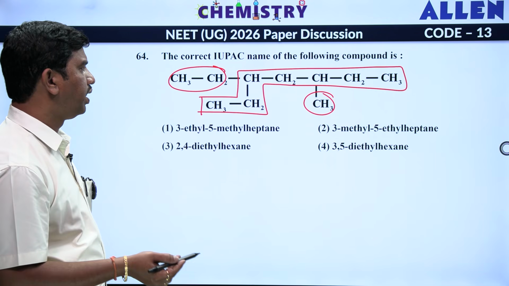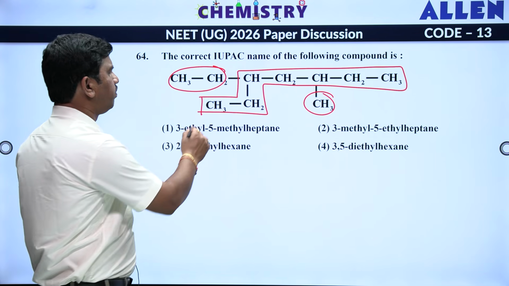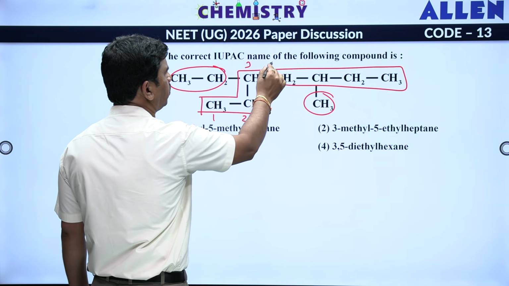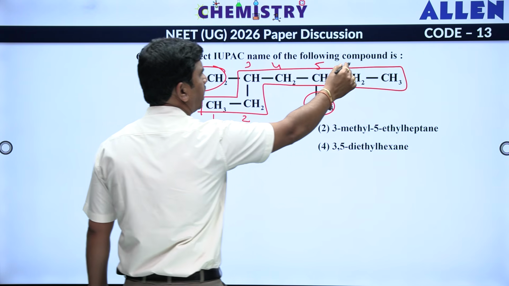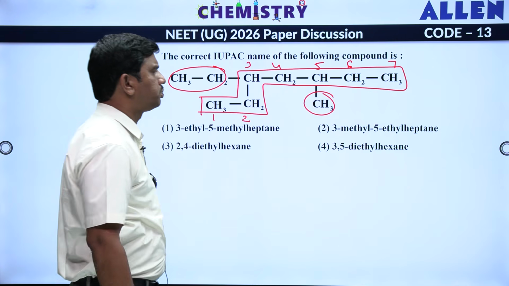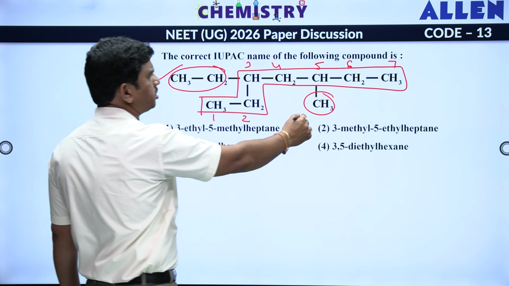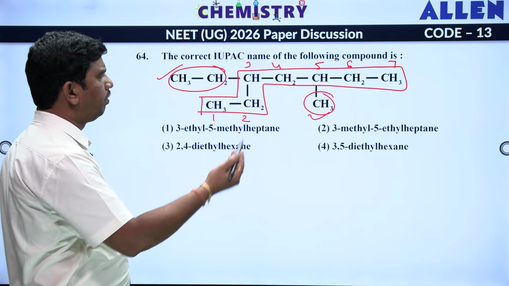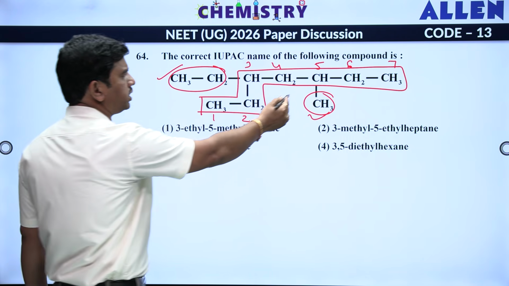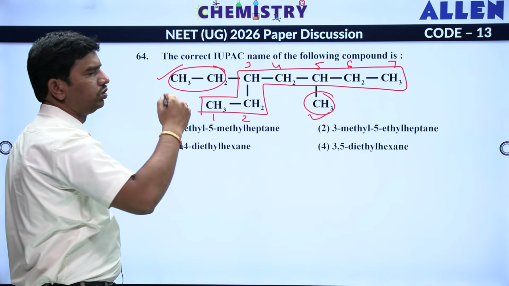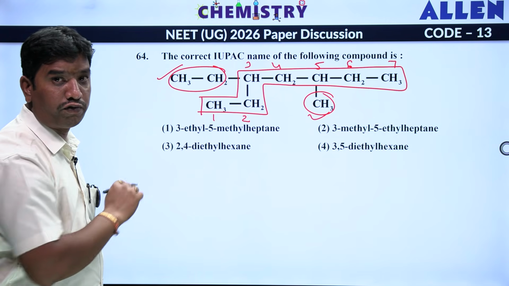If you give numbering from left to right, it is 1, 2, 3, 4, 5, 6, 7. As per alphabetical order, this is ethyl and this is methyl. If you give numbering from right to left also, you get 3 and 5 only.